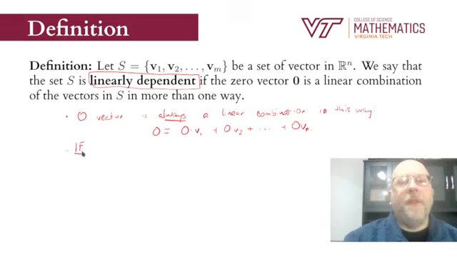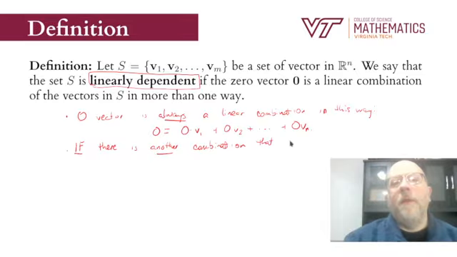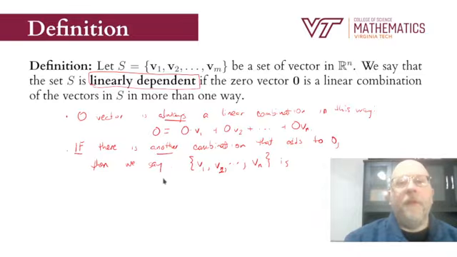If there is another combination that adds up to 0, then we say that the set v1 through vn is linearly dependent.